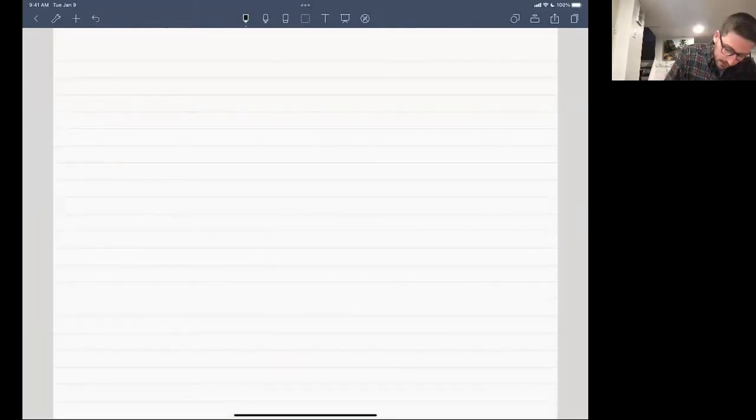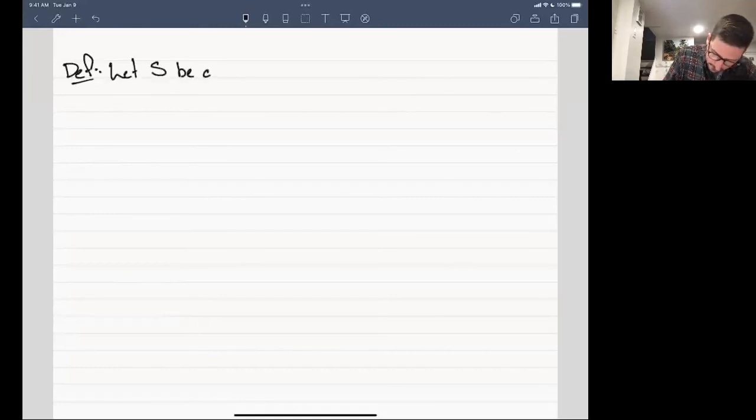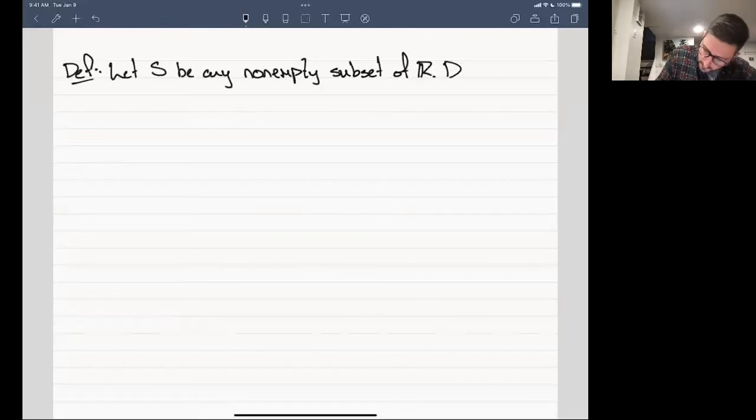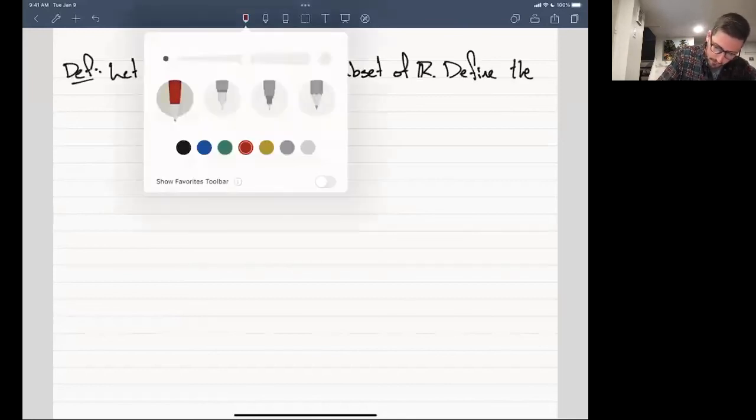Well, we have slightly different notation for this, and this comes in the form of the following definition. We're going to say let S be any non-empty subset of R, and we're going to define what we'll call the supremum.